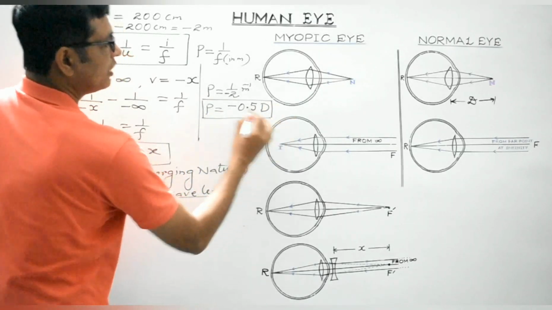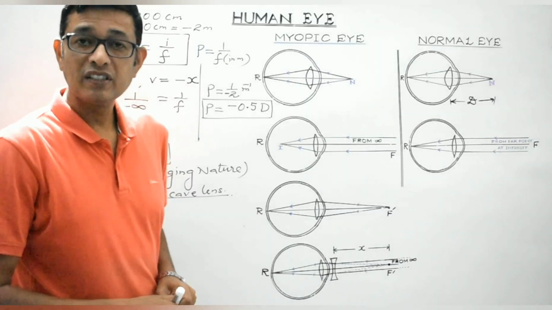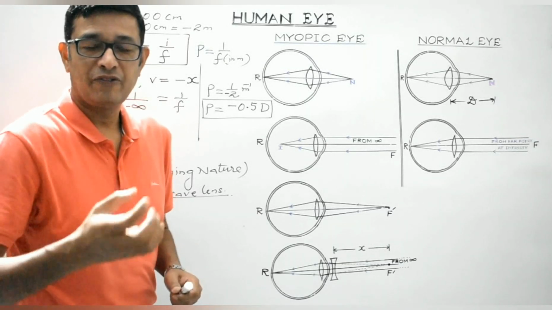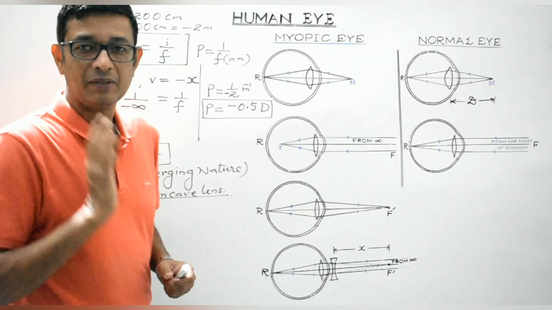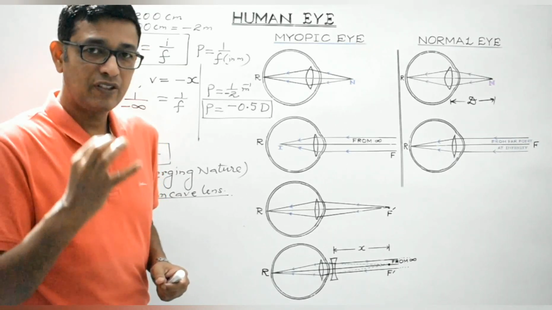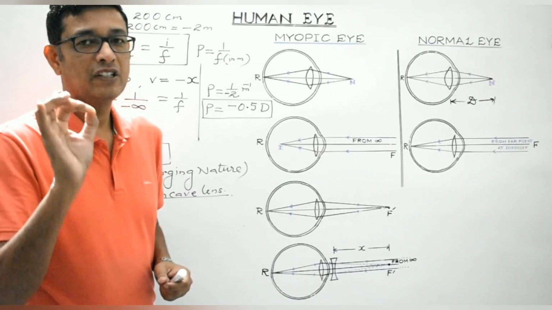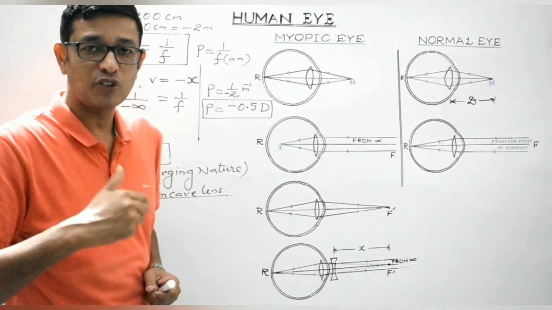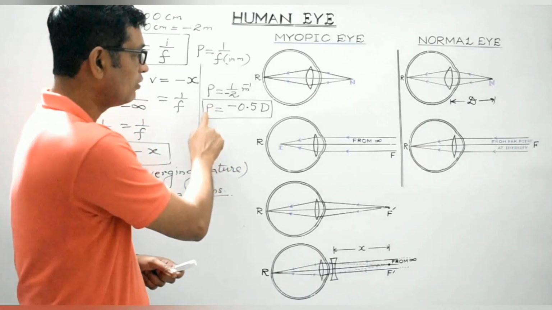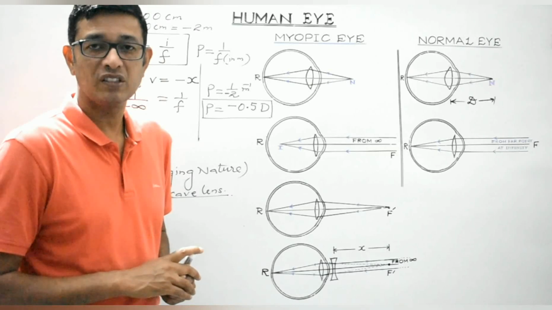Diopter is the SI unit of the power of the lens. So students, if my far point is 200 centimeter, then I need to wear a concave lens of power 0.5 diopter. And since I am making use of concave lens or diverging lens, power would be negative. I hope you have understood the concept, students.